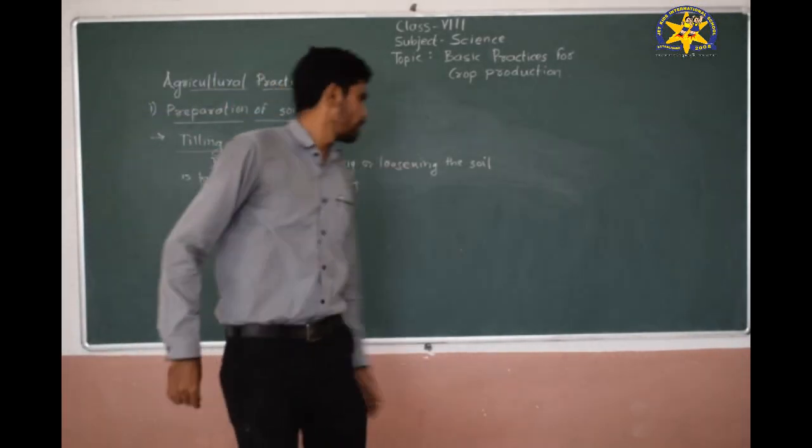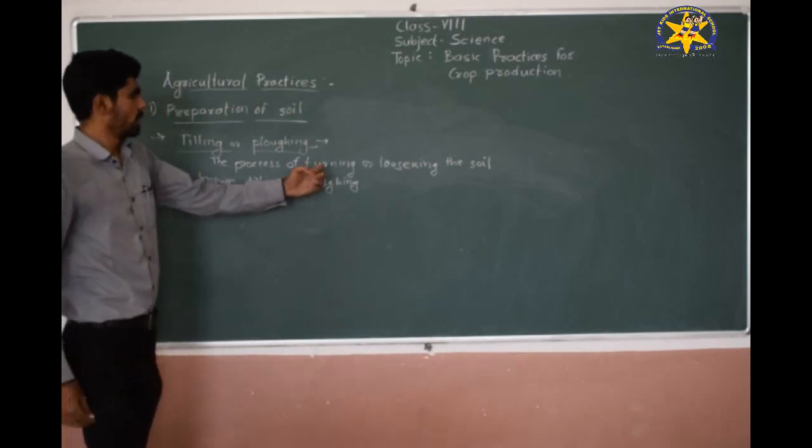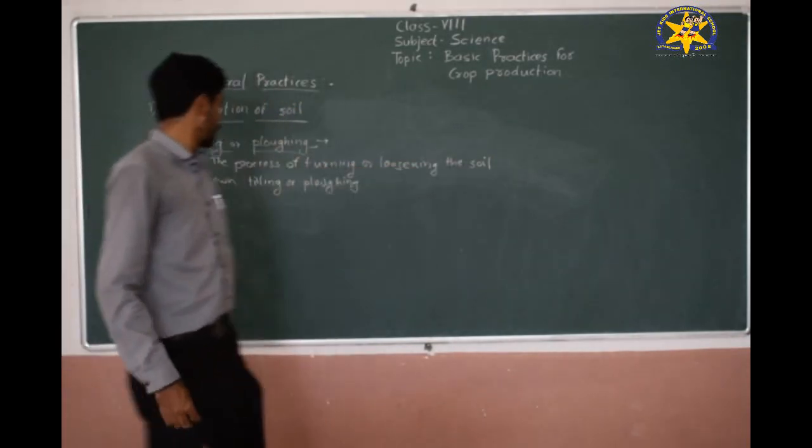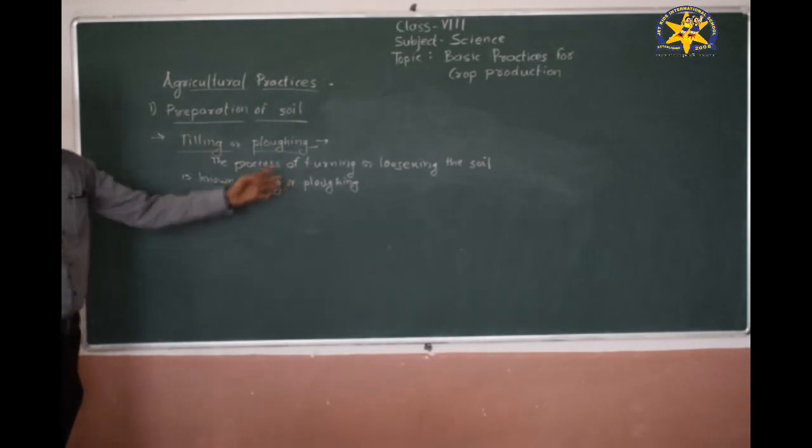Alright, so the process of turning or loosening the soil is known as tilling or plowing.